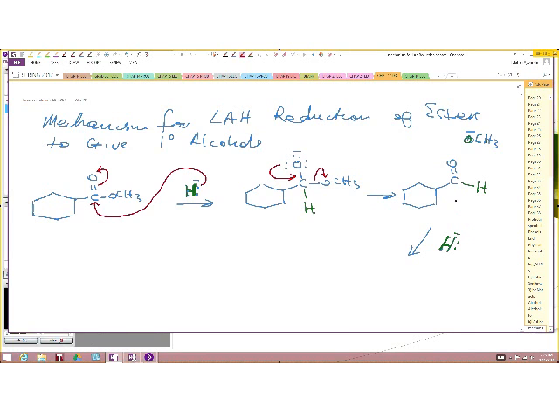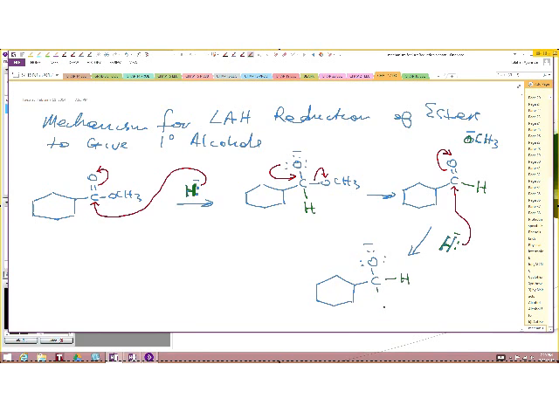So now that comes in, attacks this again, and this comes here. So now we form this intermediate. Now, I'll use my green color here.